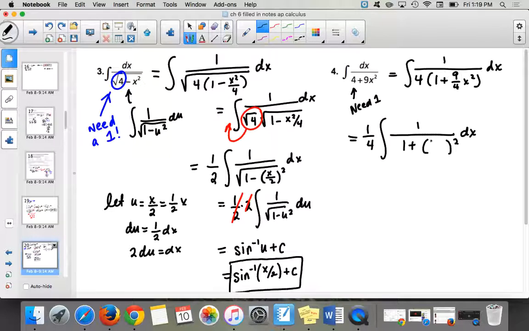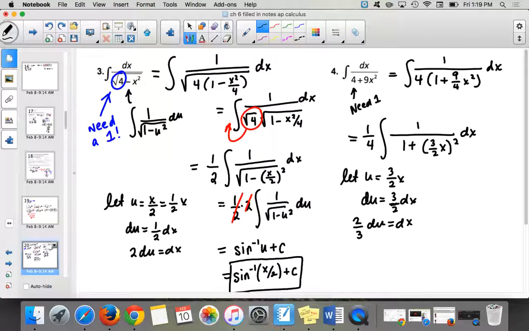Exactly, 3 over 2x. So we're letting our u equal 3 over 2x. So then our du is going to be 3 over 2 dx. So if we want to get dx by itself, we have 2/3 du equals dx.